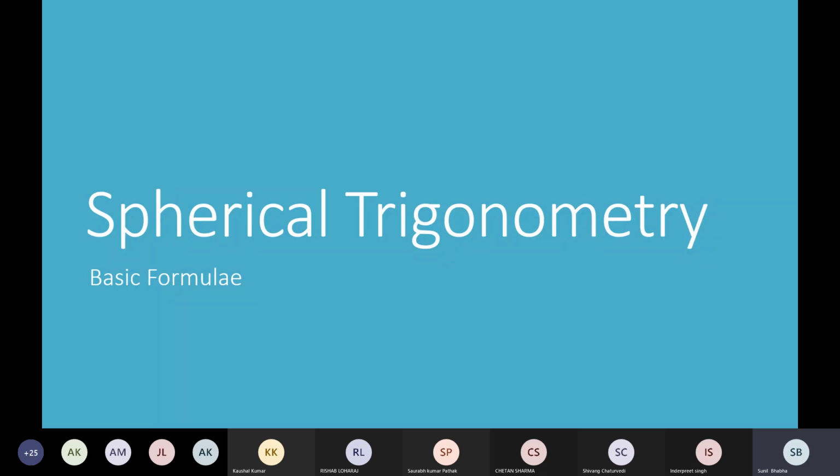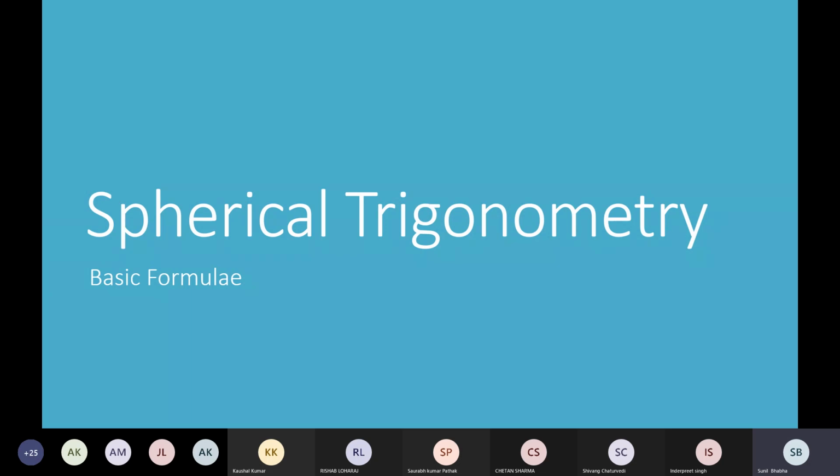Concepts will be, one, the concept of a great circle and a small circle. Second, the concept of a spherical triangle. And third, we will be going into the formulas which we use in solving spherical trigonometry problems. There are two formulas which we use.